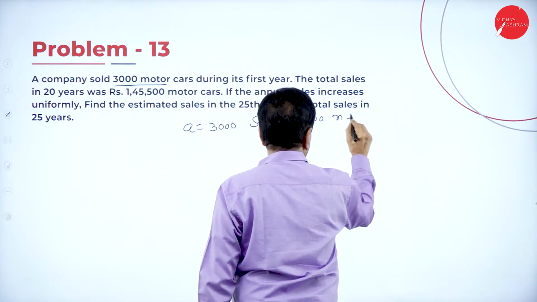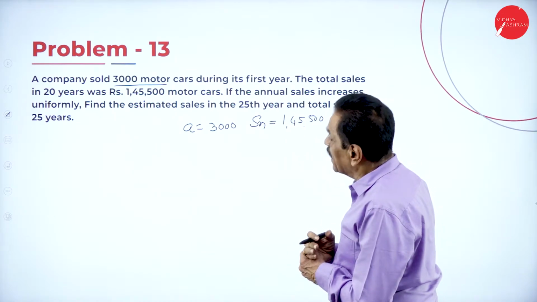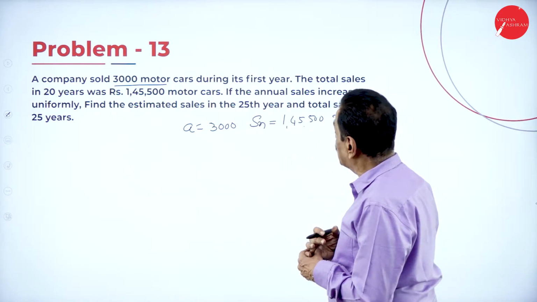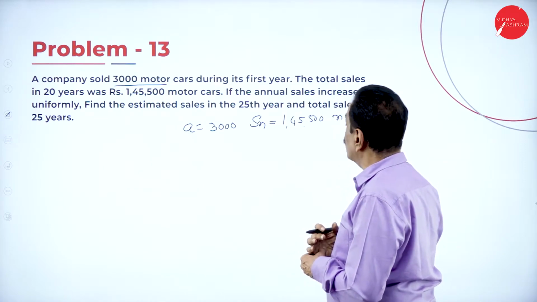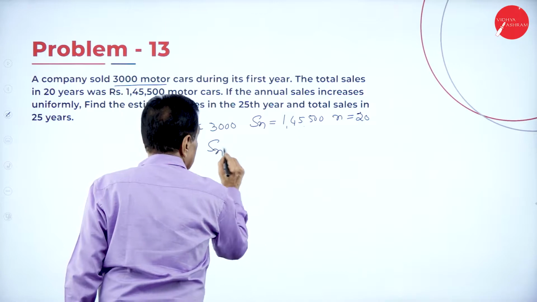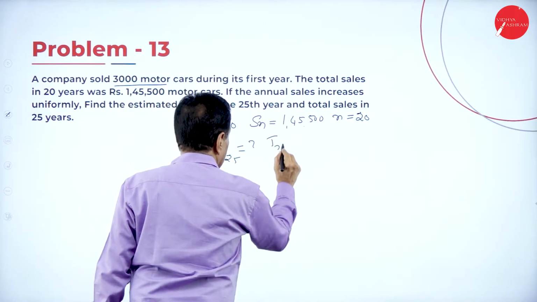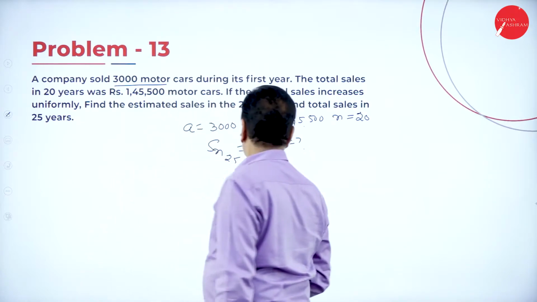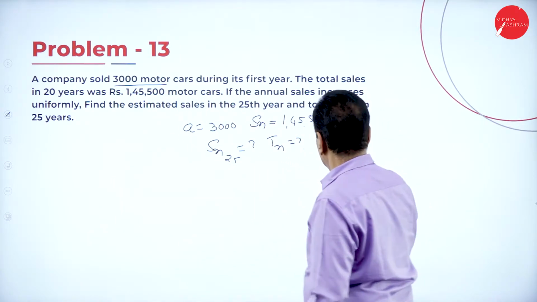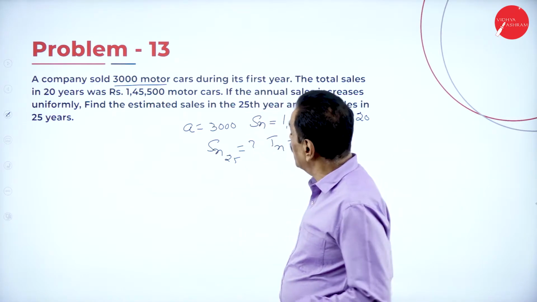N is 20 years. If the annual sale increases uniformly, find the estimated sale in the 25th year and total sales in that. So they want S25 and T25. This is the question he's asking. So first, D we don't know, so we'll apply the formula.